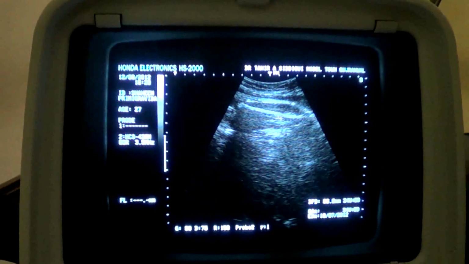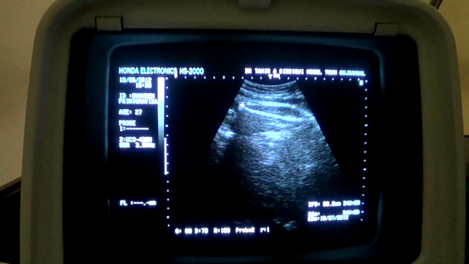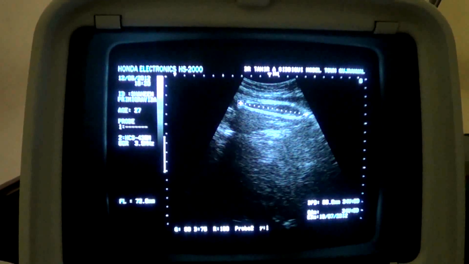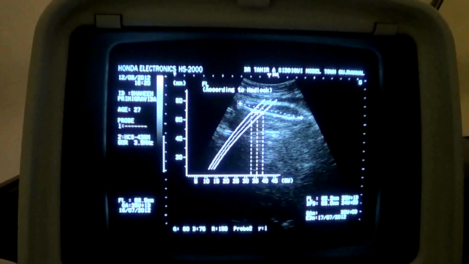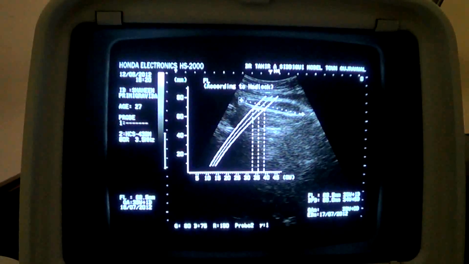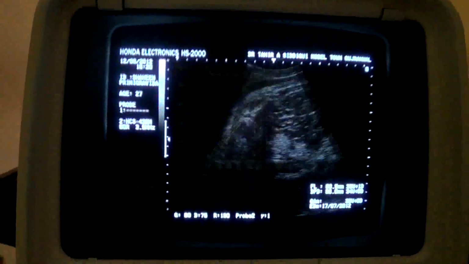Now this is the femur, and femur measures 6.8 centimeters, which corresponds to the gestational age of 35 weeks.